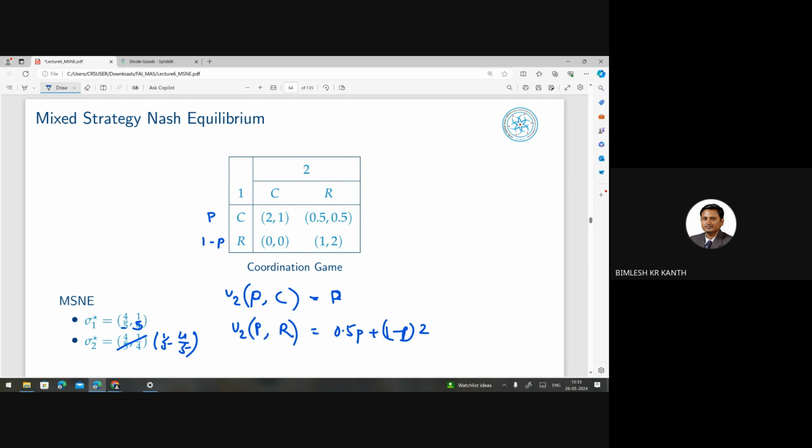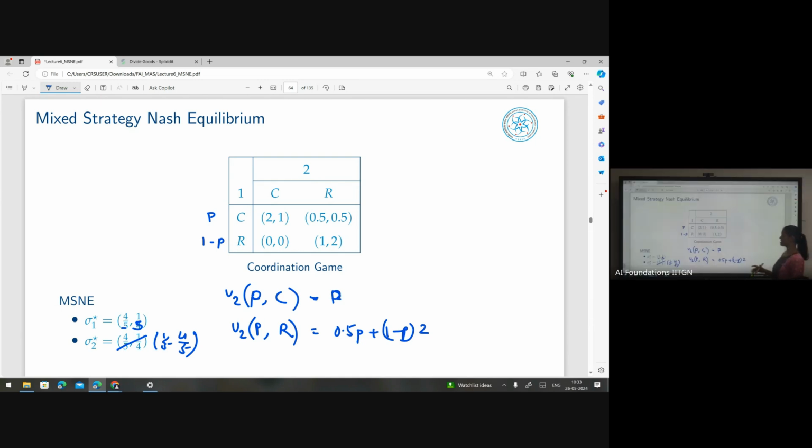When we say randomize, that means it can choose any of the strategies irrespective of it giving any better outcome. So it is kind of indifferent between the strategies. But if it just plays anything at random, then why will the other guy randomize?